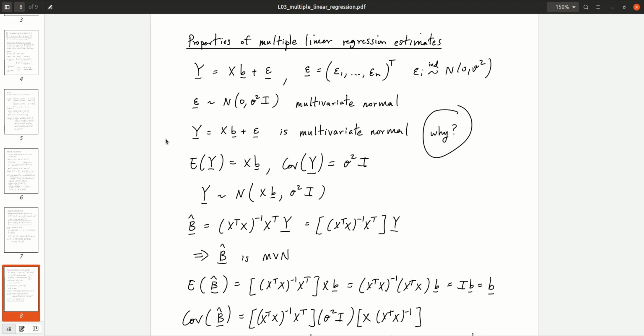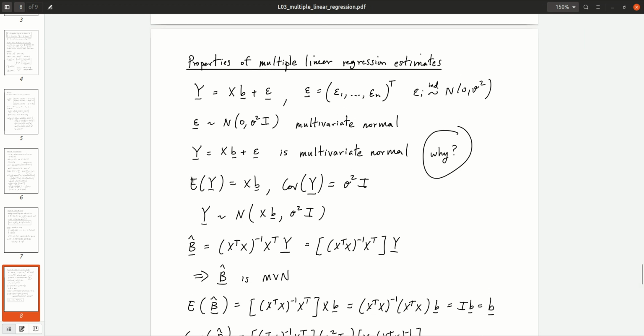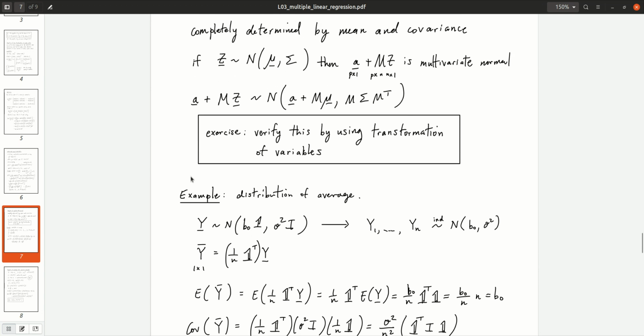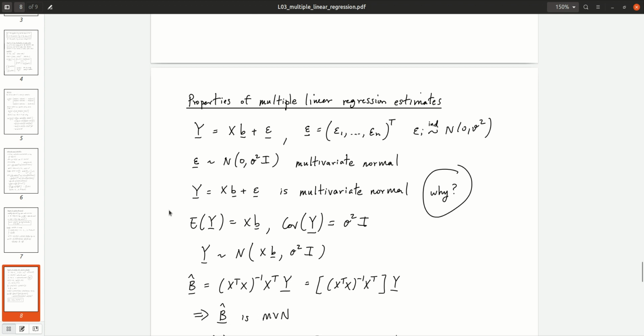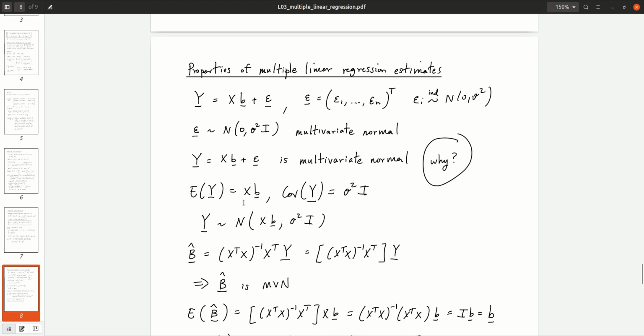And to figure out the rest of its distribution, we just have to calculate the expected value and the covariance matrix. So the expected value, according to this formula up here, is going to be a plus m mu. We said that a was xb and m was I. Mu is 0, so it's xb plus I times 0, which is just xb.